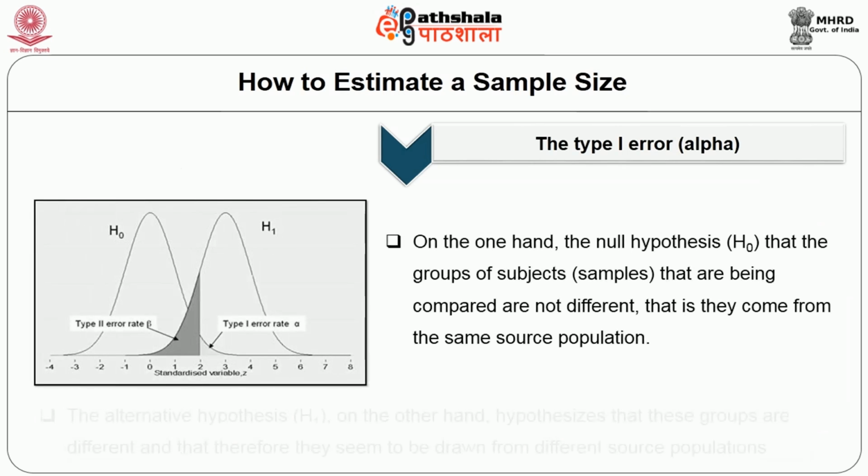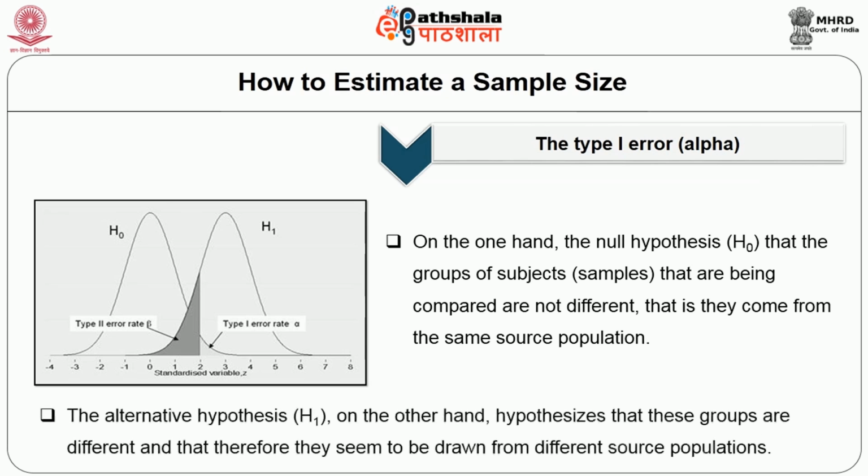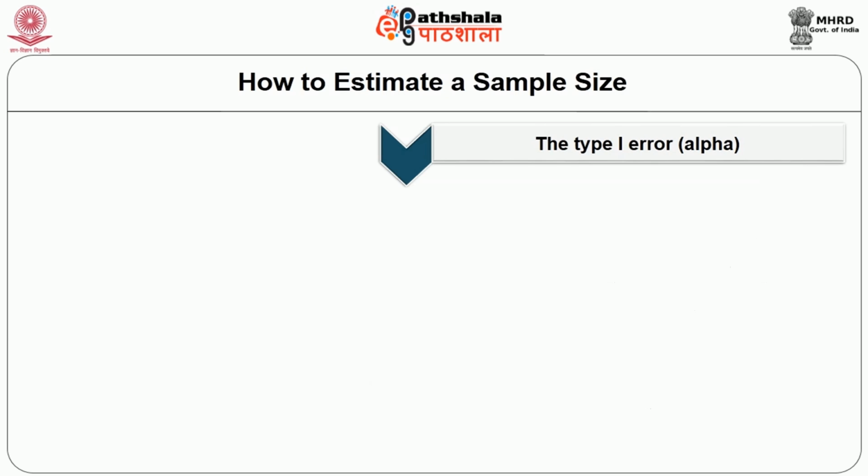On the one hand, the null hypothesis, that is H0, that the groups of subjects, samples that are being compared are not different, that is, they come from the same source population. The alternative hypothesis H1, on the other hand, hypothesizes that these groups are different and that therefore they seem to be drawn from different source populations.